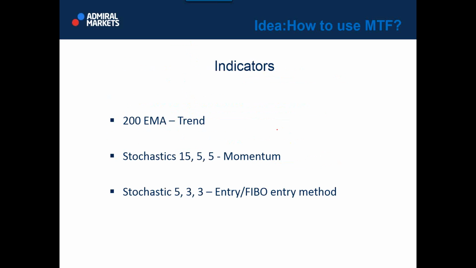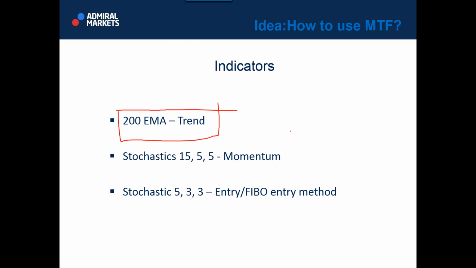Indicators which you can use are 200 EMA of a close. It's for capturing the trend. Stochastics 15.5.5 for momentum, and stochastics 5.3.3 or Fibonacci for entry.